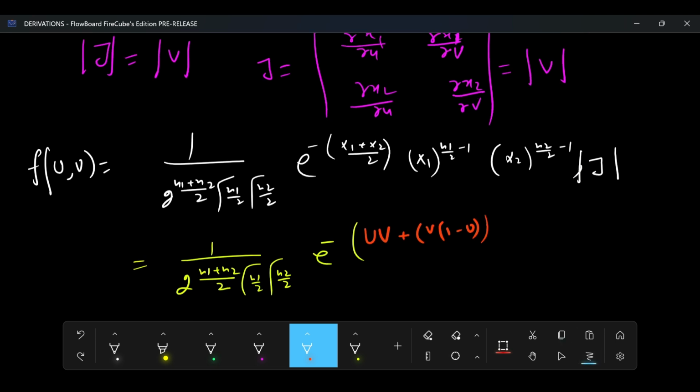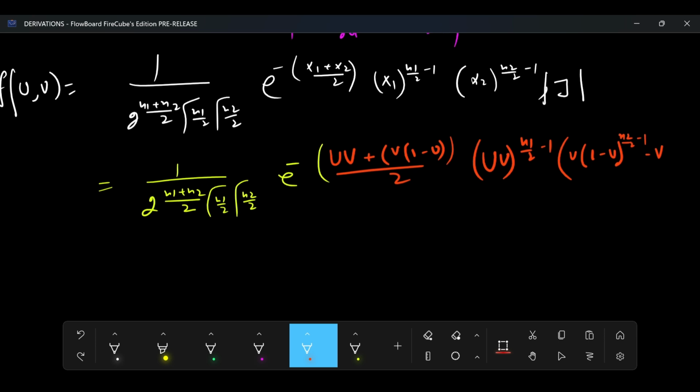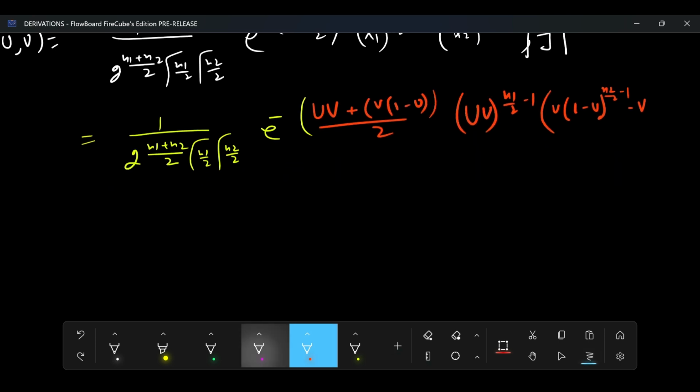Then this is divided by 2. x1, what's x1? That's uv, to the power n1 divided by 2 minus 1. What's x2? That is v times 1 minus u, to the power n2 divided by 2 minus 1, into v. Let me write this again.